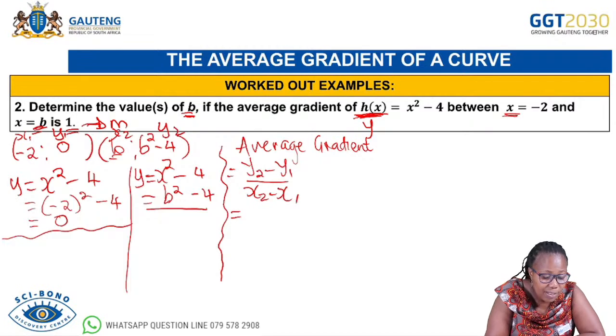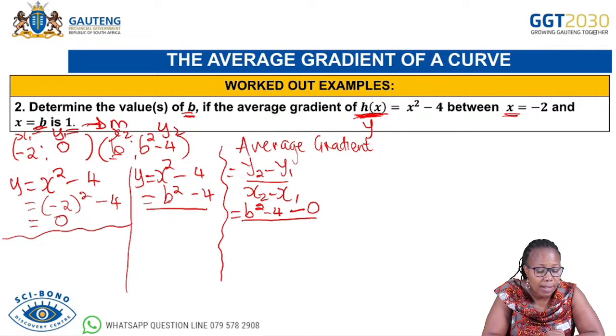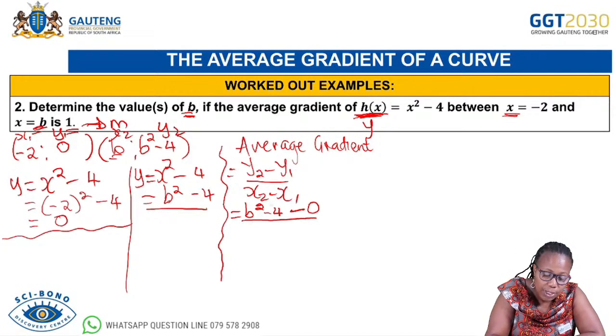And then now, what is the y2? B squared minus 4, all right? Minus the y1, which is 0, over x2, sorry, x2 is b, and then minus from our equation, the value of x1 is negative 2.